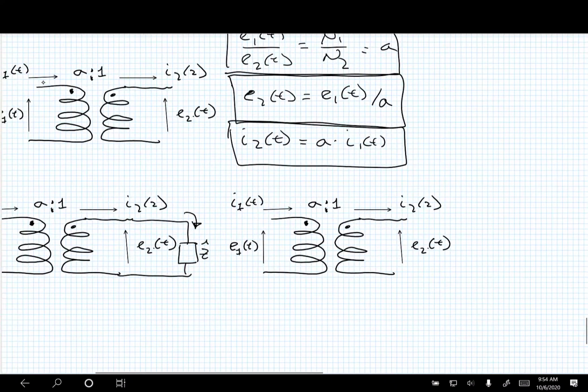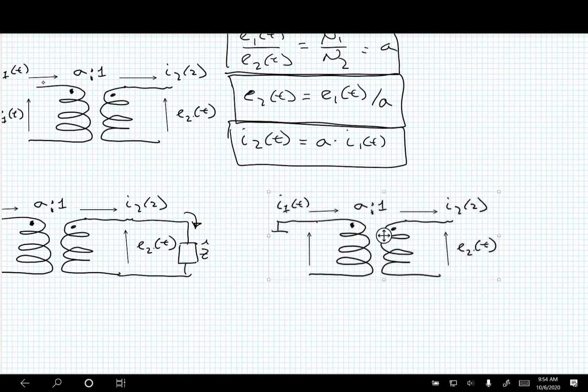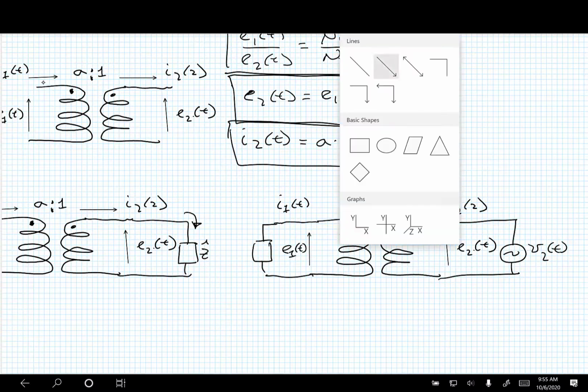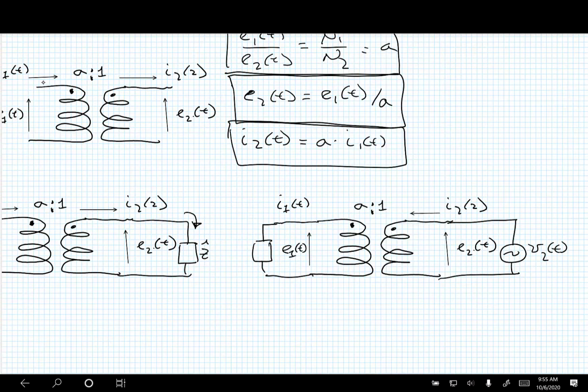If I went the other direction, I'm going to put the load on the primary side and apply the source from the secondary side. I would want current to flow in the other direction, so in this case I would want my current to go this way.